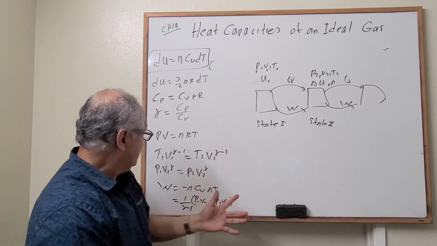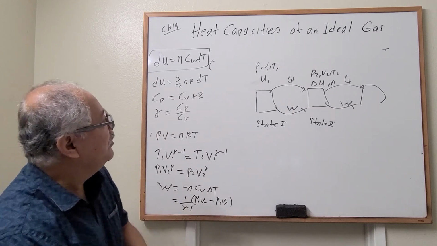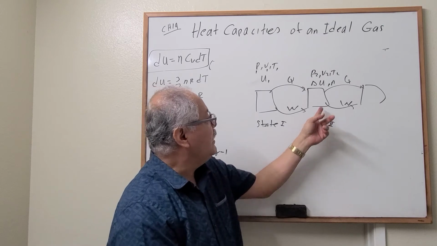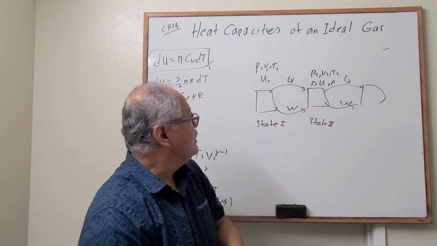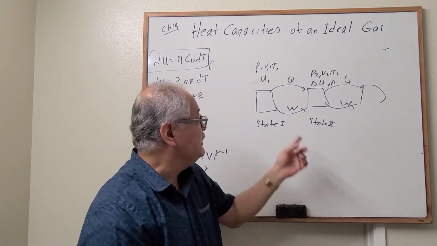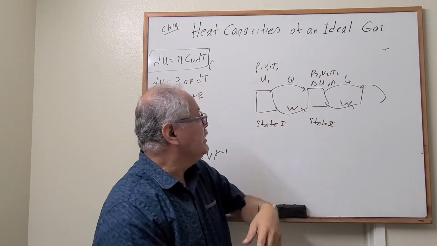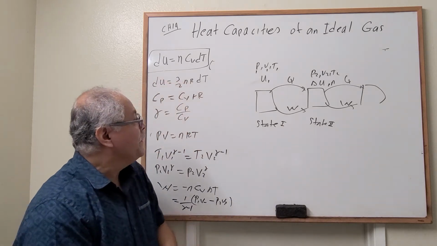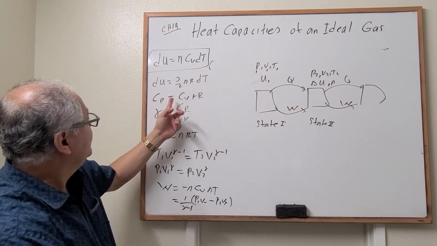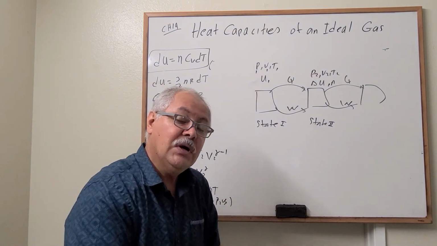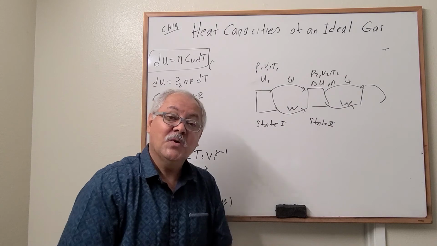So now, using all of these formulas, we can solve for the change in internal energy. We can find the new state using work or heat. Again, heat depends on whether this is a constant pressure or a constant volume process, correct?